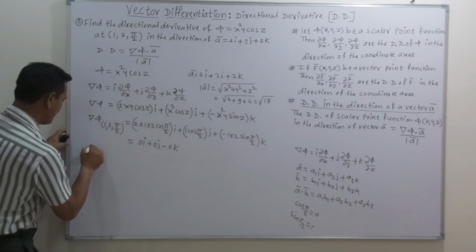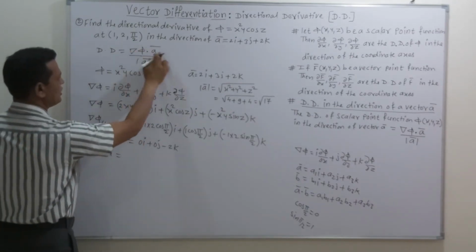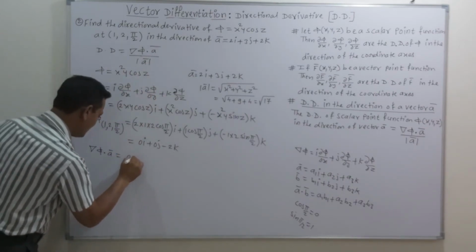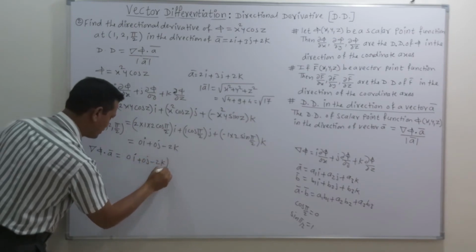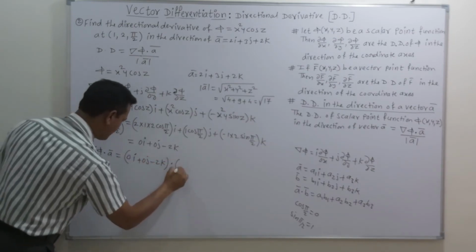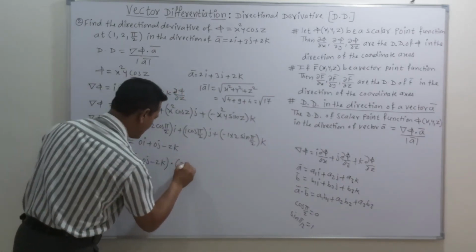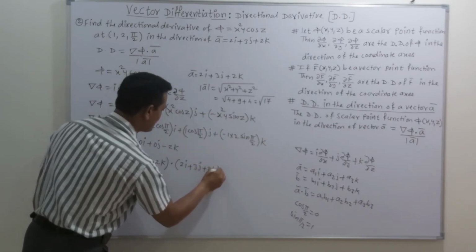Now the next step is to find the dot product of del phi dot a bar, to get the numerator value. Take the dot product between these two vectors: 0i plus 0j minus 2k, and vector a bar, which is 2i plus 3j plus 2k.